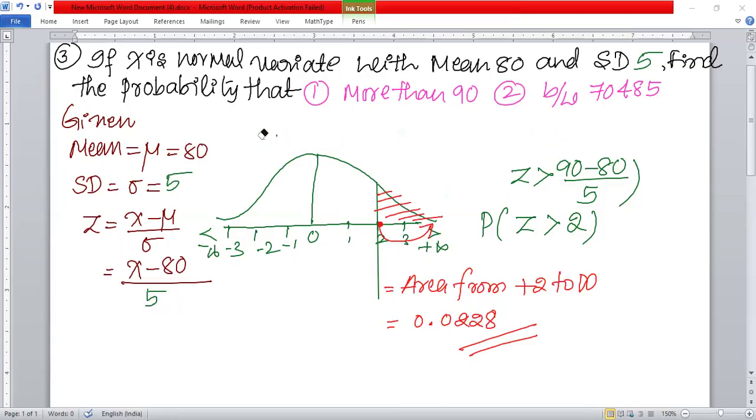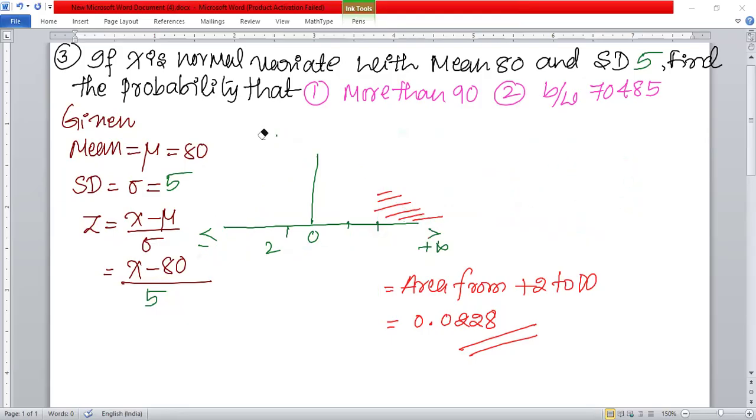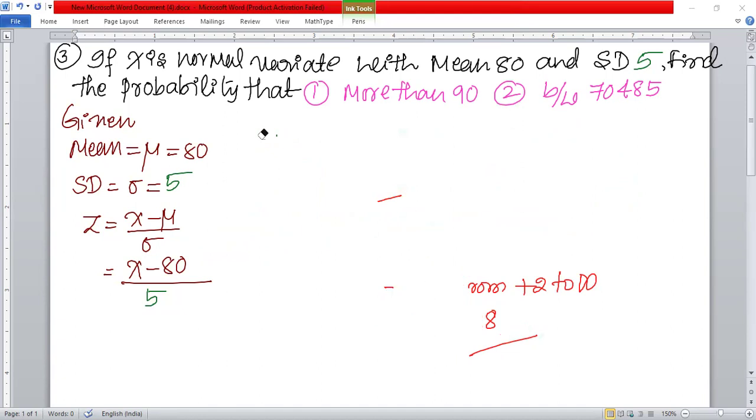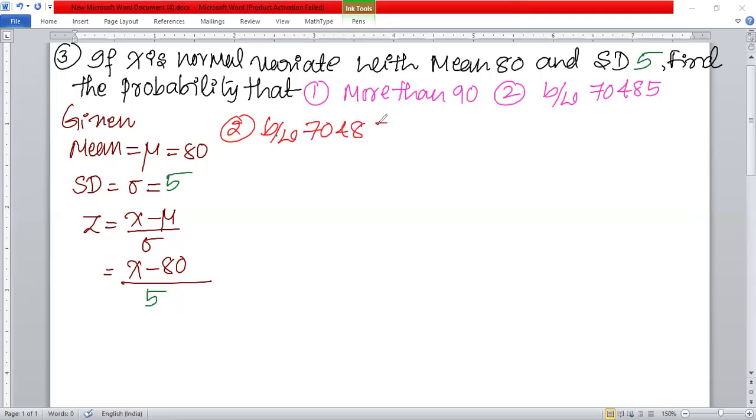What second one? Between 70 and 85. This can also be written as probability 70 less than Z less than 85.